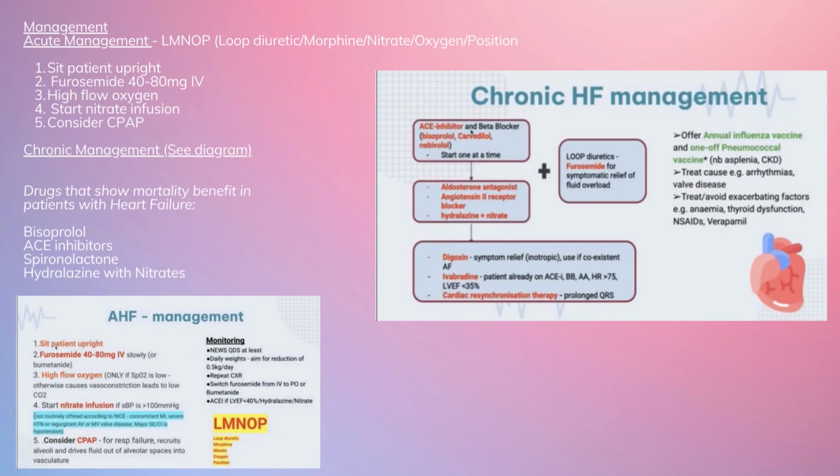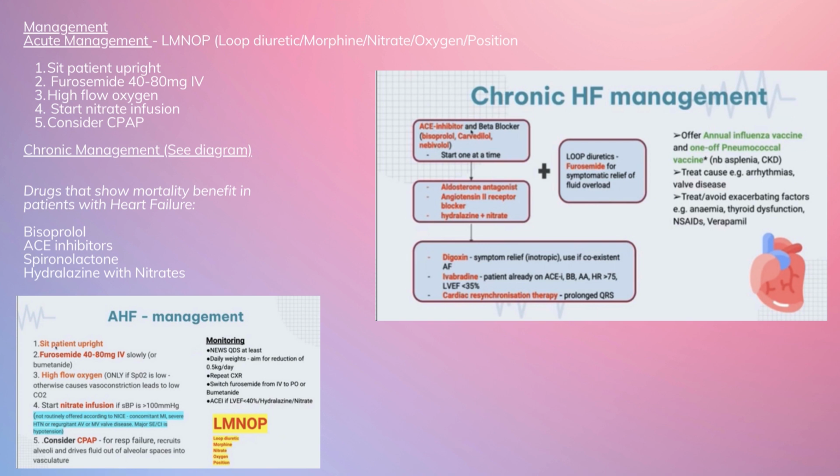Now, in terms of management, it's different based on whether the heart failure is acute or chronic. With acute heart failure, we want to do the steps in the mnemonic LMNOP, which starts with position. So sit the patient upright, because as we know, lying flat can lead to orthopnea in patients with heart failure.